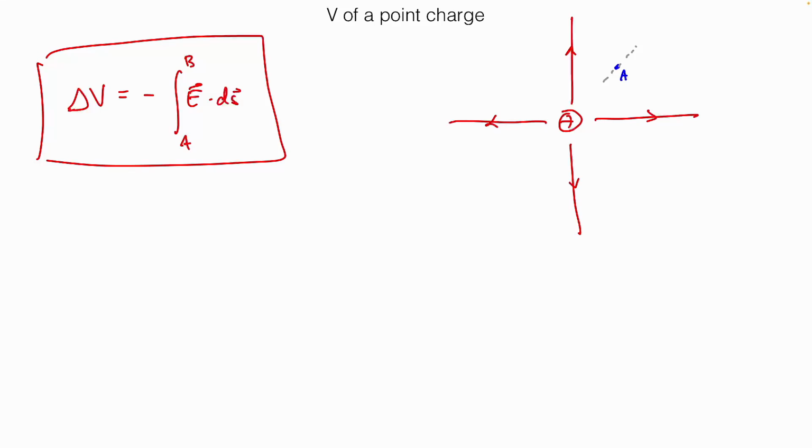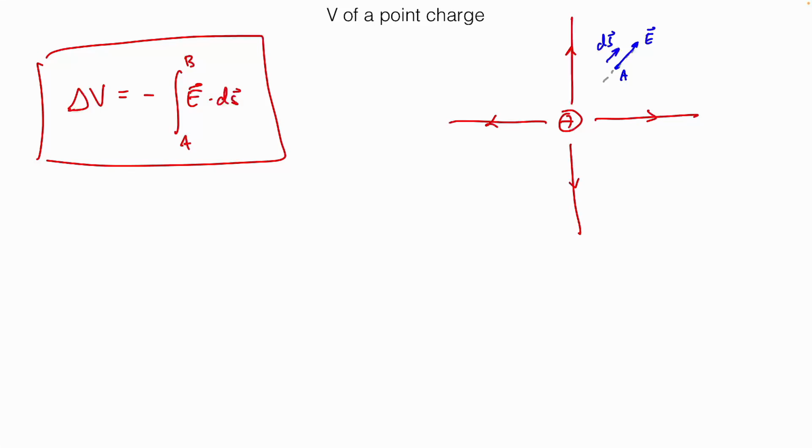No matter where I am, my electric field here is pointing away. And if I integrate in that direction away from my point charge, my ds, my integral direction, will all be consistent. That makes the inside of this integral fairly straightforward.